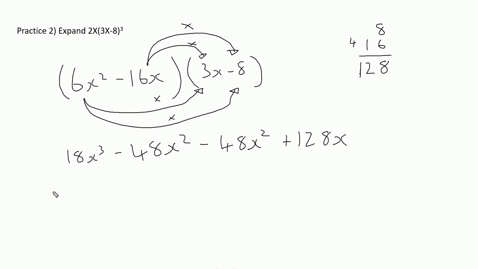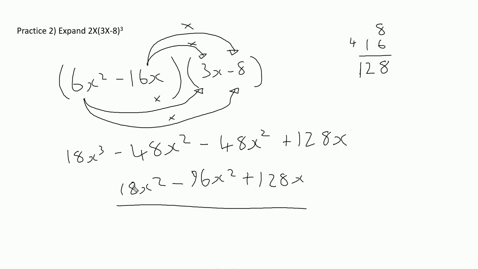So then you can gather these terms in the middle here, which will give you minus 96x squared plus 128x, and then the 18x cubed. So this would be your answer to this part.